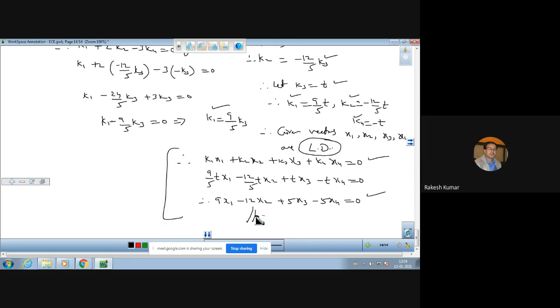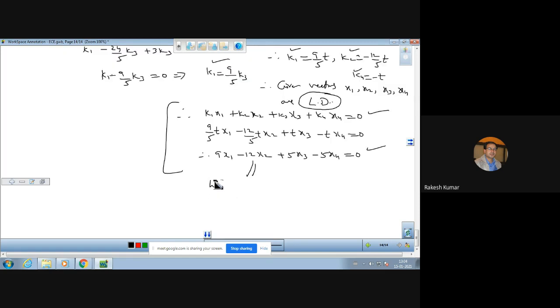So this is the relationship between these vectors. So you can also write down here, which gives us the relationship between the vectors x1, x2, x3, x4. So this is all about it. Thank you very much.